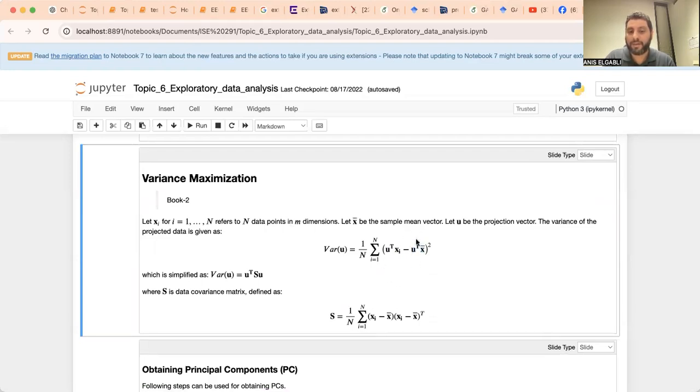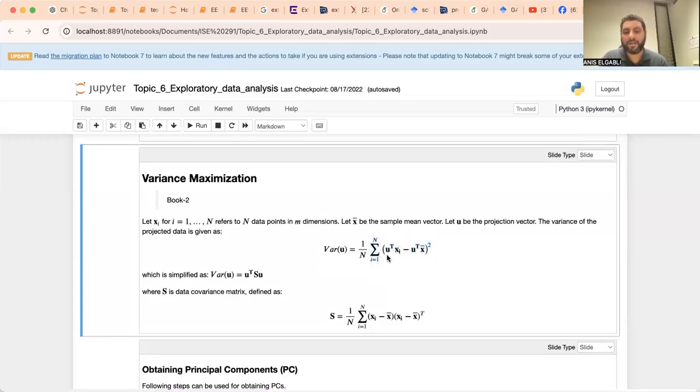And this is the variance after the projection. So we want the u that maximizes the variance after the projection.